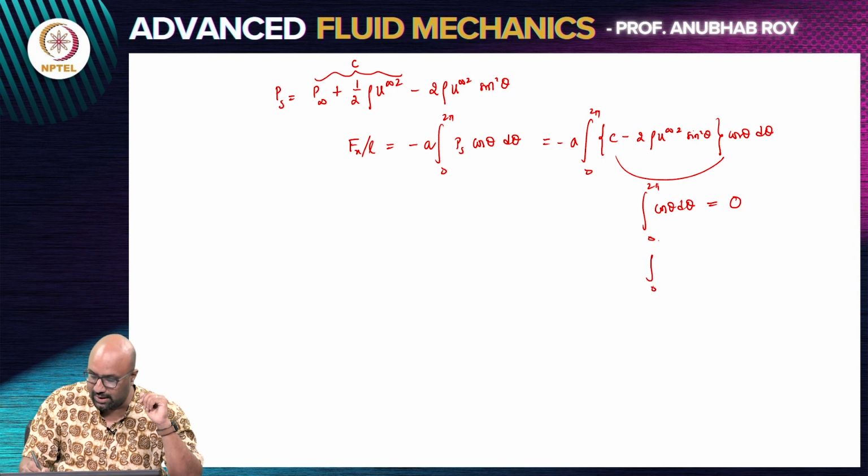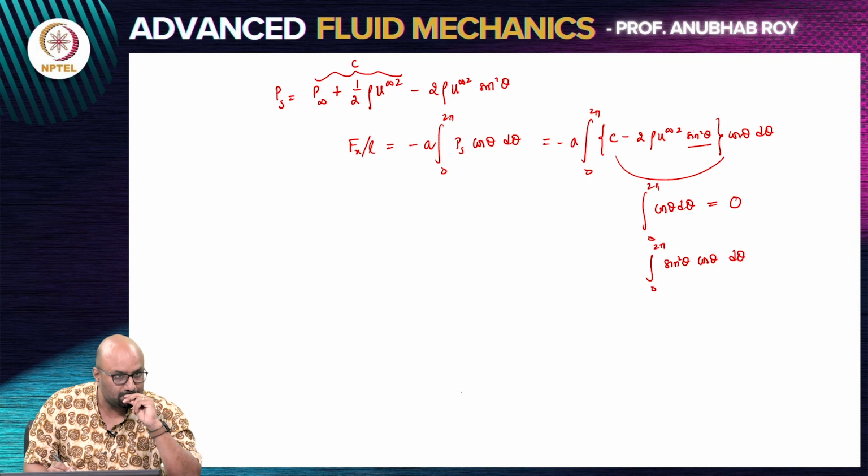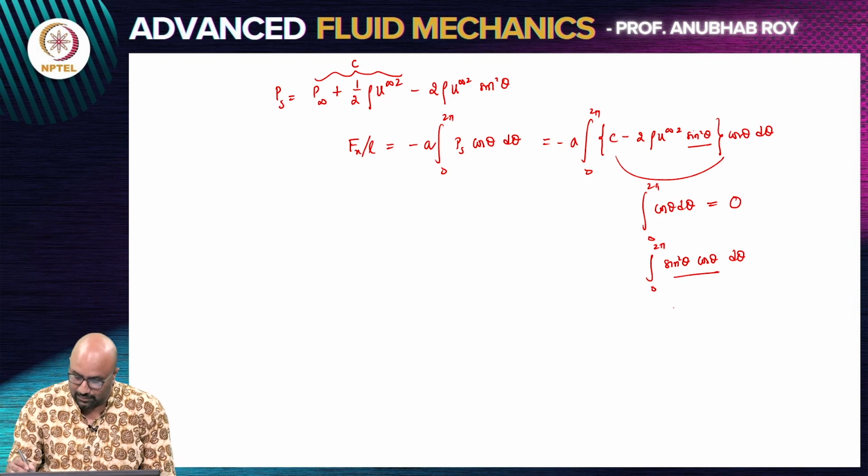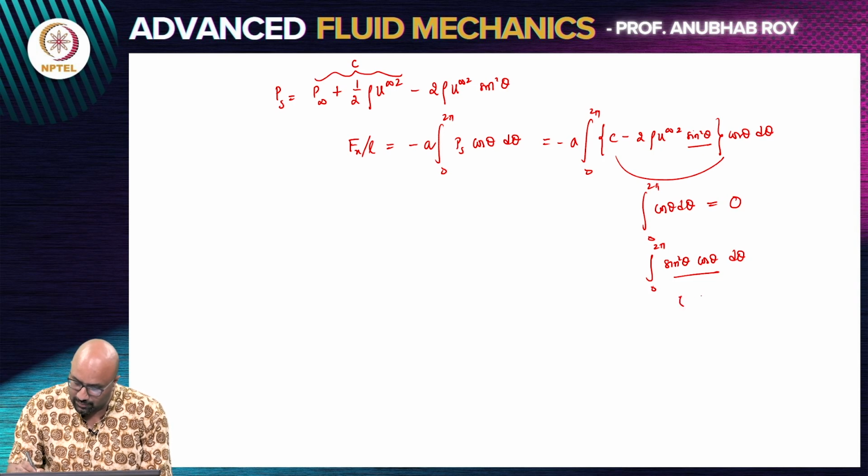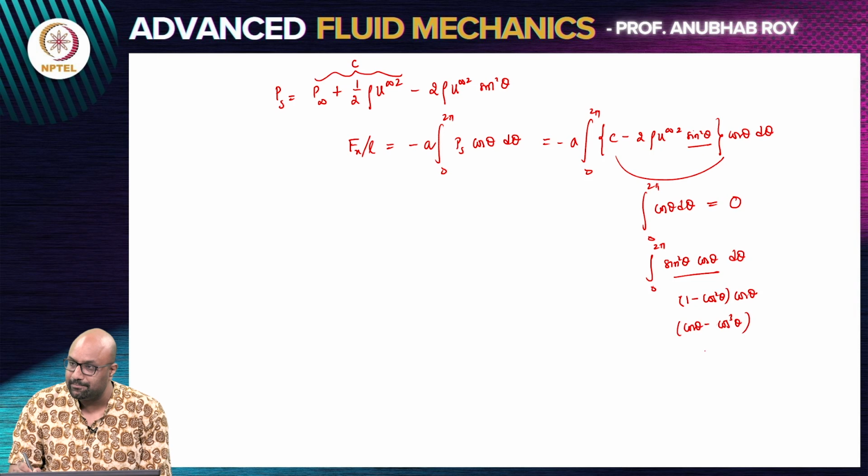The second term is the integral from 0 to 2 pi of sine square theta cos theta d theta. Now sine square theta cos theta, I can write further as 1 minus cos square theta times cos theta, so cos theta minus cos cube theta, and then I can write cos cube theta in terms of cos 3 theta and cos theta.